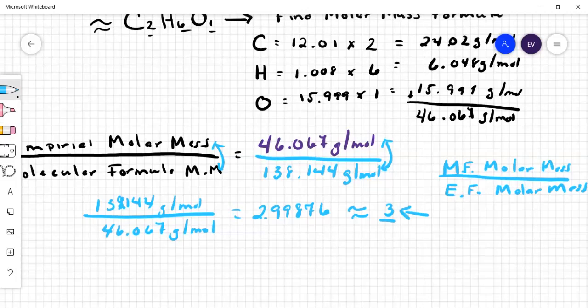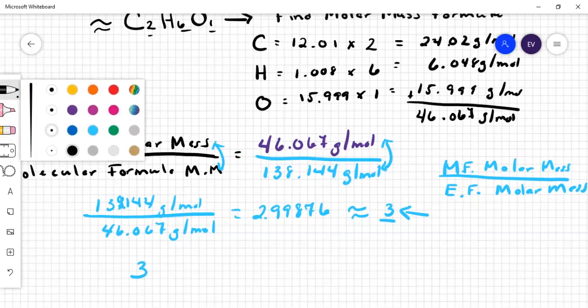Basically, what that's telling you is that the molecular formula was reduced by a factor of 3 to get down to the empirical formula.